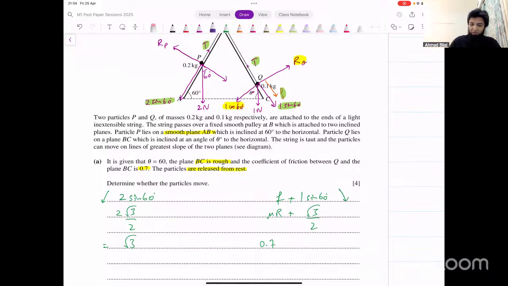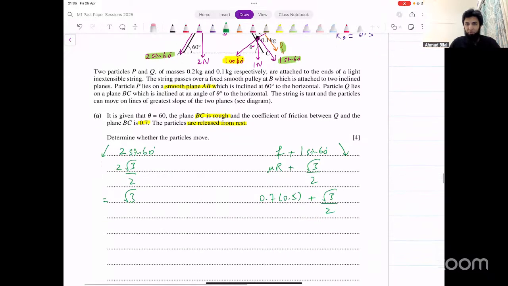What's the reaction? Reaction for Q is equal to 1 cos 60. Cos 60 is 0.5. So reaction for Q is 0.5. So we get 0.7 into 0.5 plus under root 3 over 2. Now we can convert them to decimals to be able to compare them. Under root 3, you're saying that is 1.732.